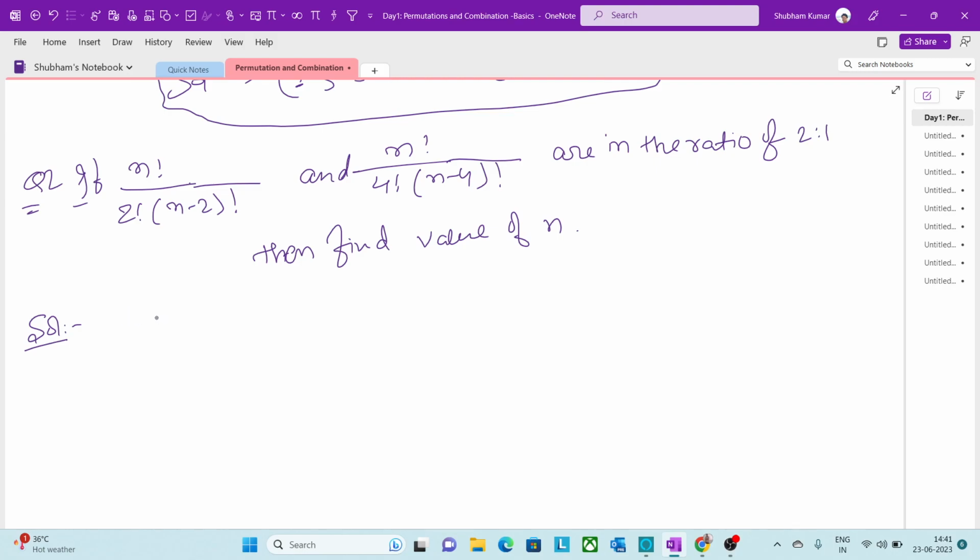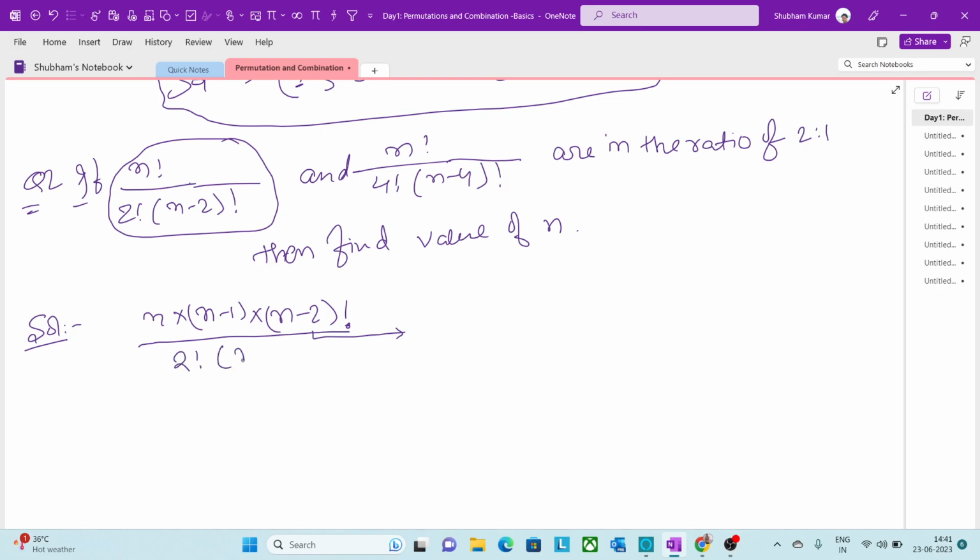Basically n factorial can be written as n into n minus 1 into n minus 2 factorial, because anything coming afterwards will sum up to give this n minus 2 factorial, divided by 2 factorial.